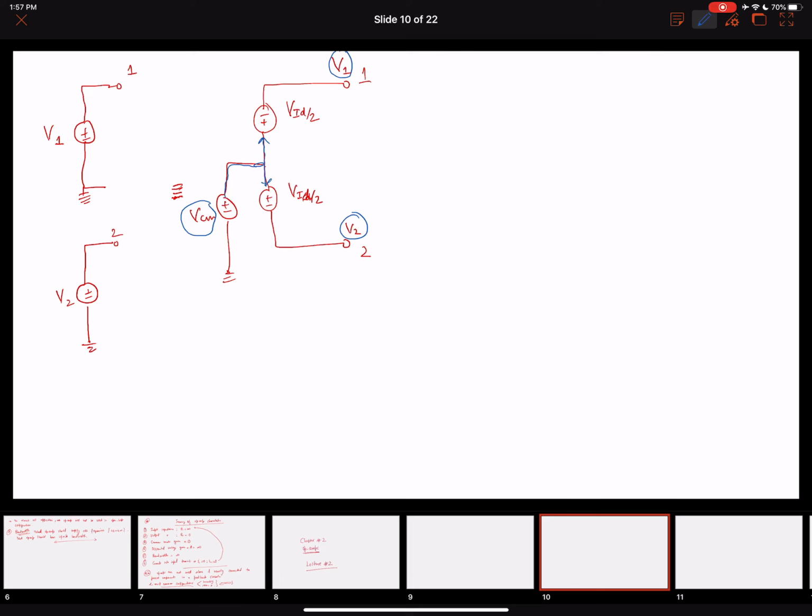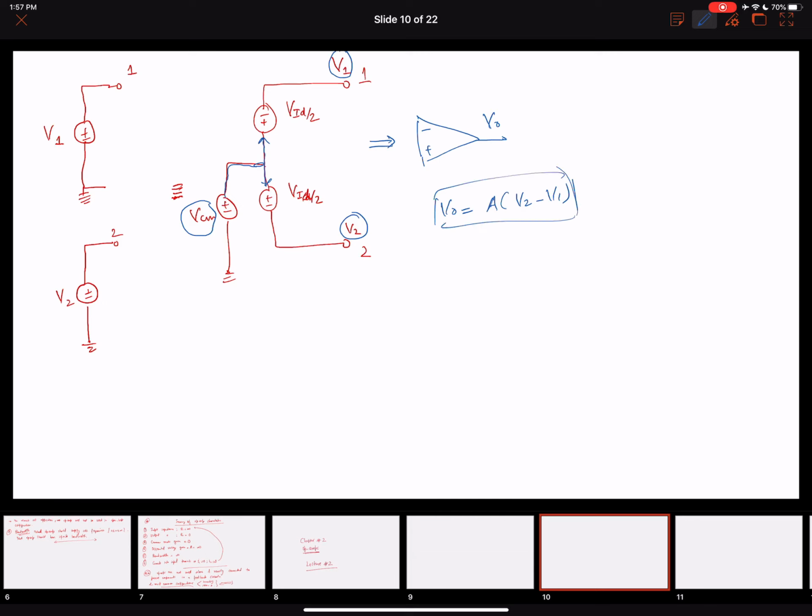Let's see what happens if I put this combination into the op-amp, negative, positive, V naught. My V naught is A times V2 minus V1.